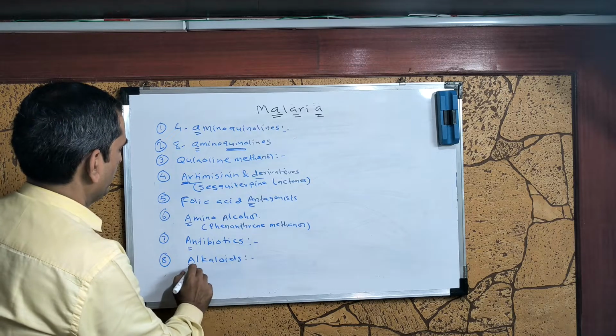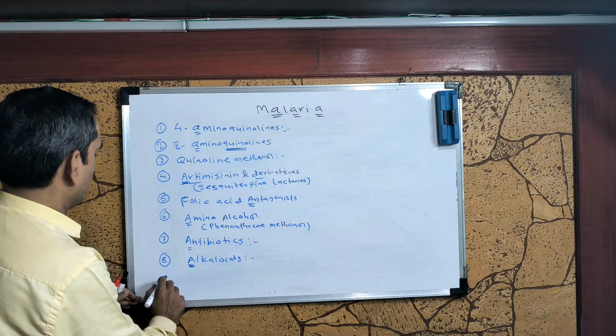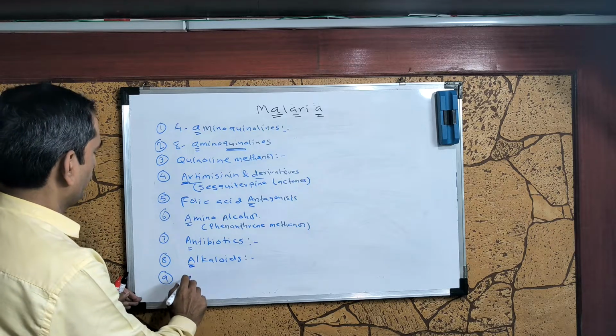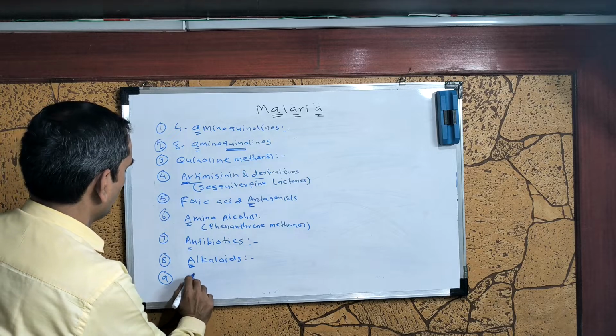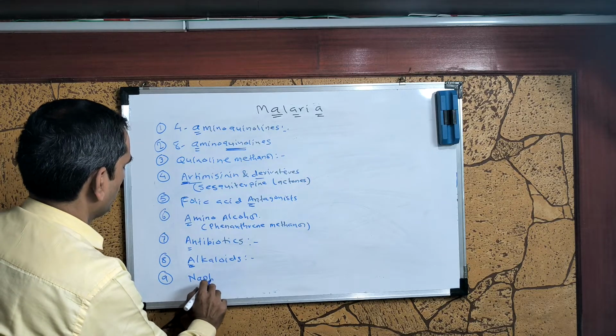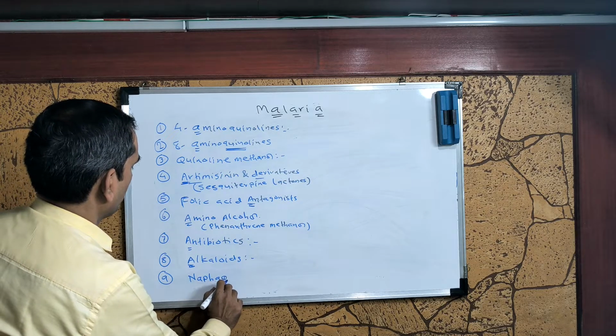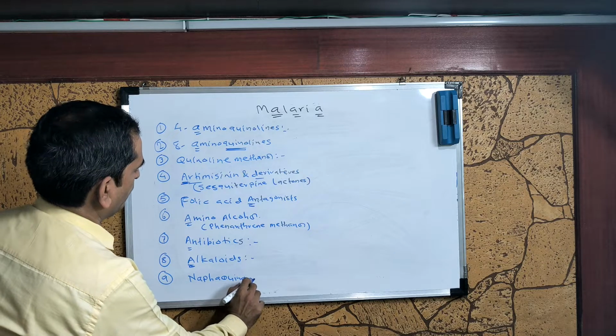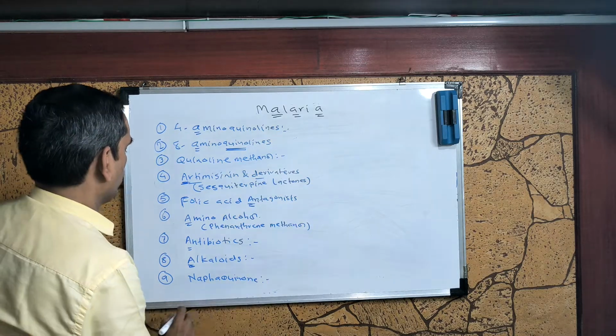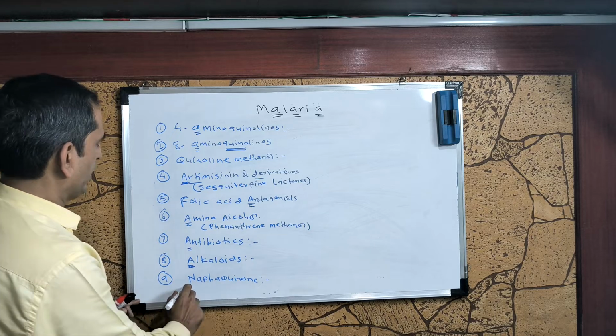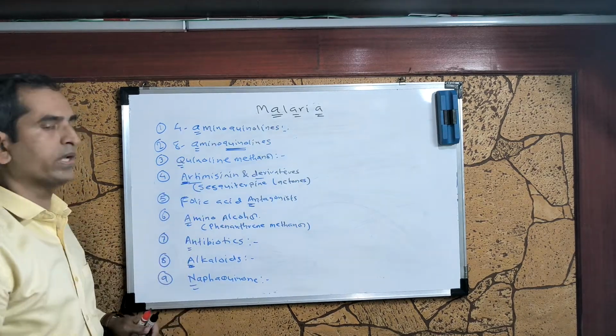Again it's A. The ninth category is naphthaquinone. So only this category and the quinoline methanol category do not start with A.